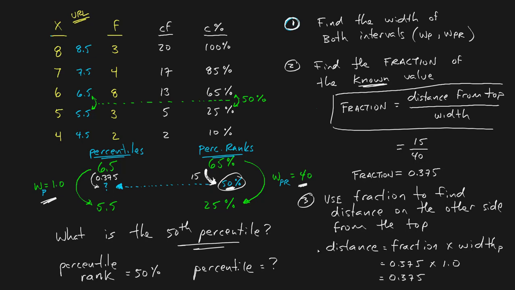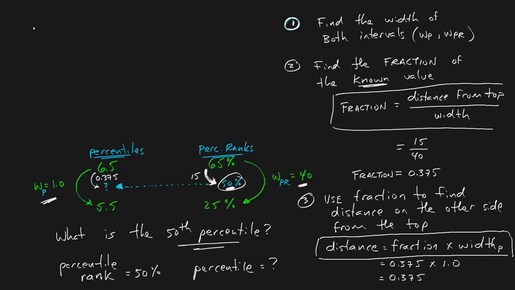Now we still have one last step to fit in here, so I'm going to have to make some more space. I guess I don't really need this table up here anymore, so I'm going to get rid of this. All right, so my fourth step is to use the distance that I just found from the top of the interval to find the unknown value.